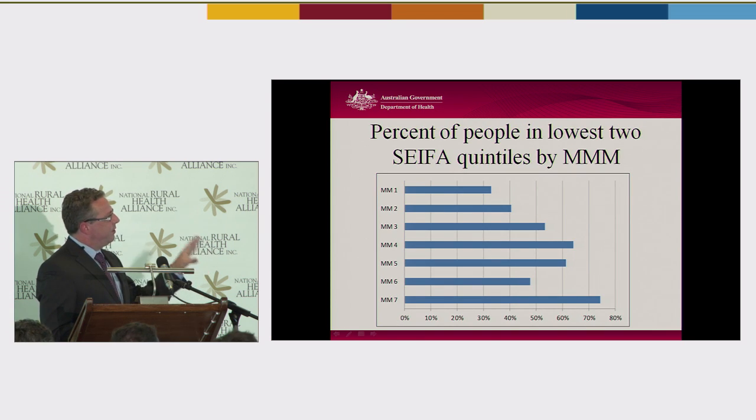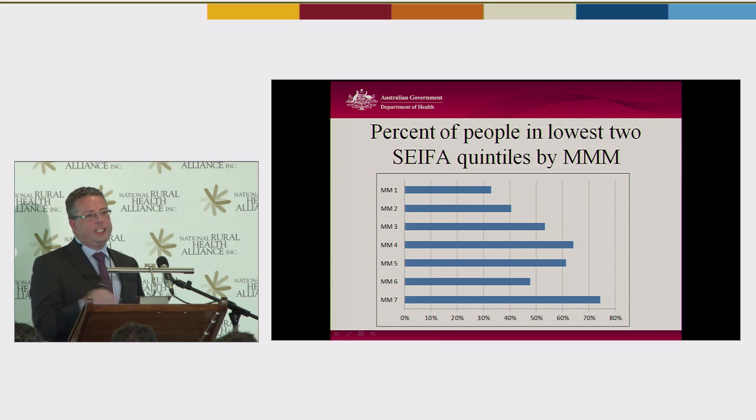The reason I can do this is that the ABS produces these figures at the SA1 level. And we'll talk a bit about this later, but basically the Modified Monash allocates a Modified Monash category to each SA1. So there is some matching with the ABS geographies, which allows us to do all of these.